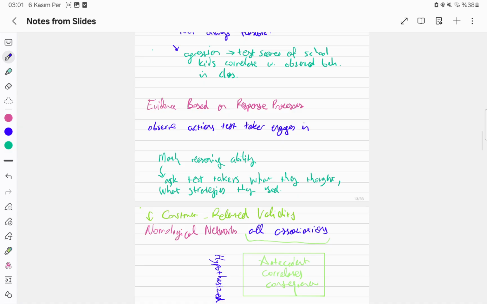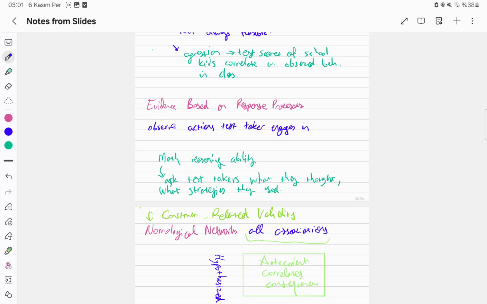Then we can ask the participants why they made this decision, why they chose these answers. We can ask them what they thought while choosing these things, because did they choose the options because they are genuinely in that group, or because of different things that we didn't account for?